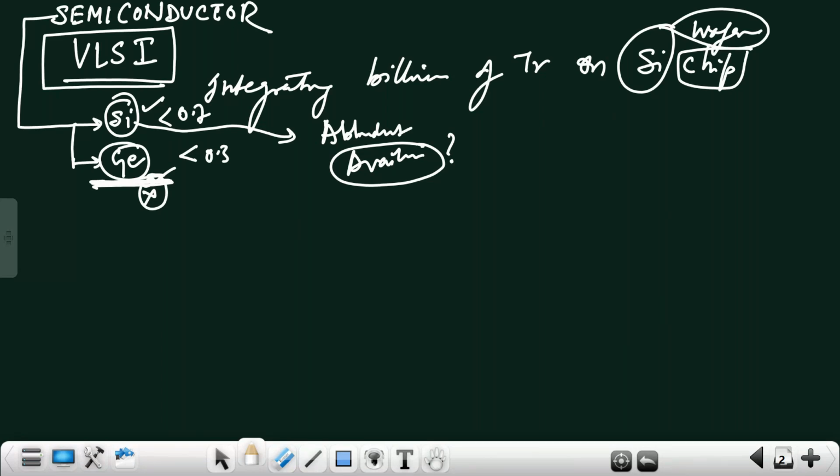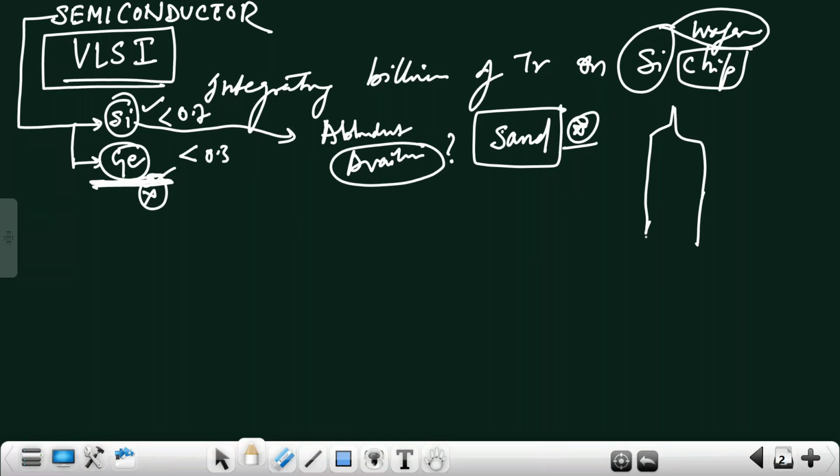That's correct. It is abundant in nature, free of cost. That is the reason, so it reduces the overall cost of chip making. So sand is taken, then it is melted, and silicon is extracted, and it is created into something like this.